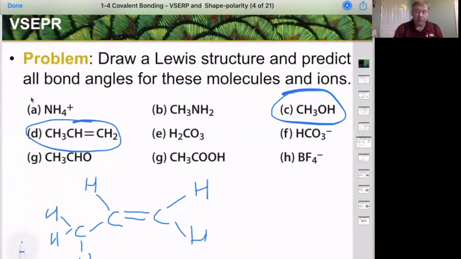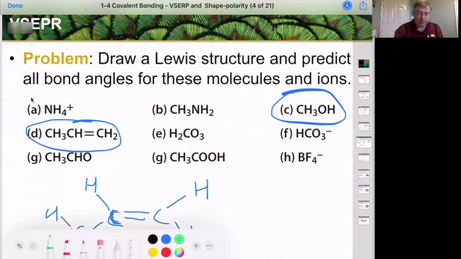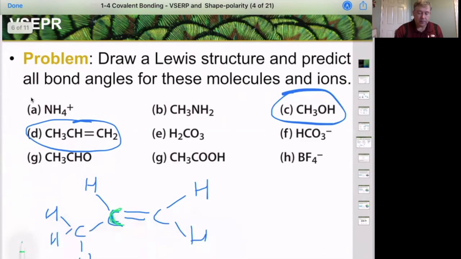And so from this configuration, I'm going to change colors here so we can look at this carbon right here, which has 3 things bonded to it. So we predict that the angle here is going to be approximately 120 degrees. The angle here is going to be approximately 120 degrees, and the angle here is going to be approximately 120 degrees.